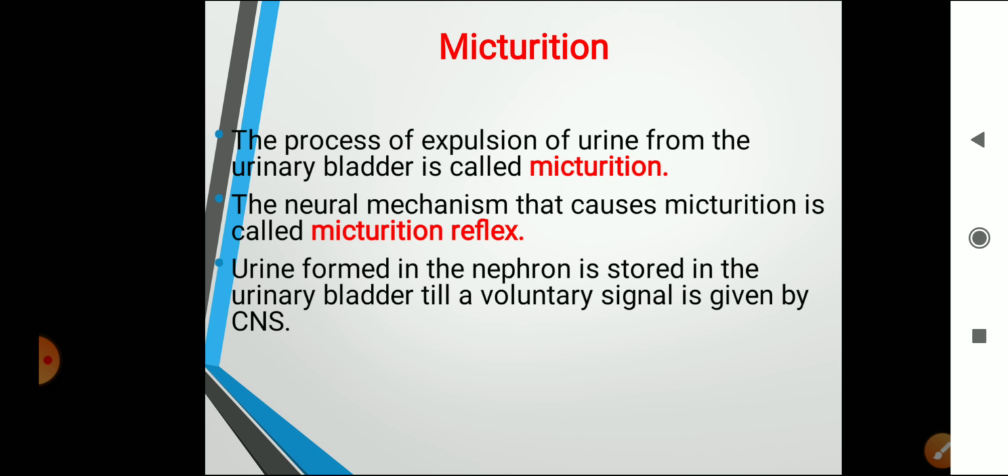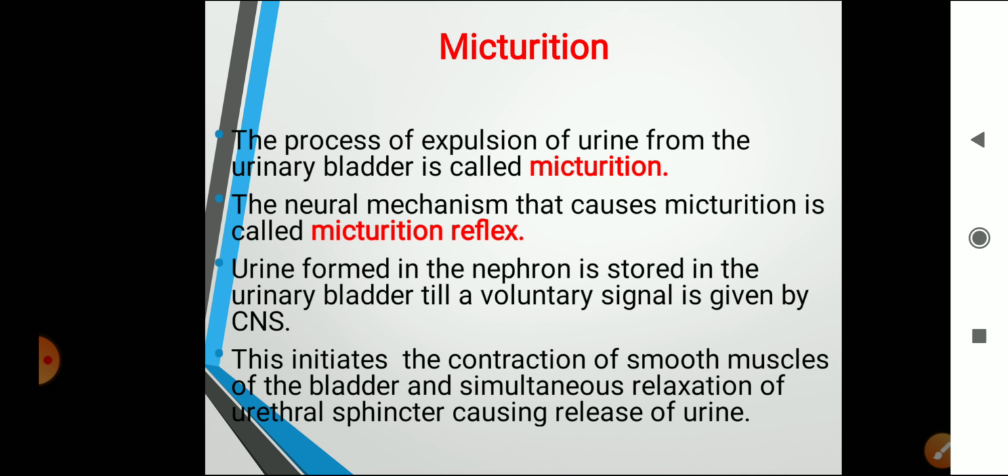Urine formed in the nephron is stored in the urinary bladder till a voluntary signal is given by the CNS. CNS means central nervous system. When that signal reaches the urinary bladder, the smooth muscles of the urinary bladder contract, with simultaneous relaxation of the urethral sphincter. Sphincter is nothing but the valve which allows the flow of urine from the urinary bladder.